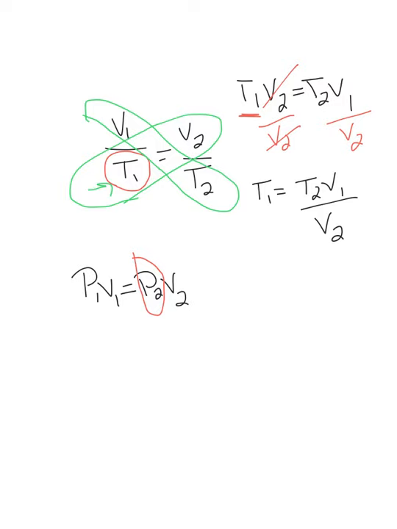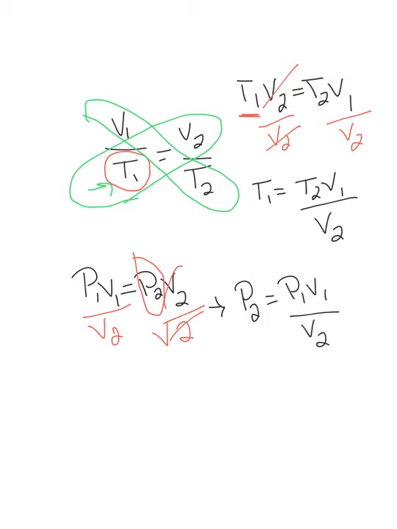If I'm multiplying P2 times V2, I need to do the opposite of that, so I need to divide by V2 on both sides. These cancel out. We're left with P2 equals P1 V1 divided by V2. This is basic Algebra 1, manipulating formulas.